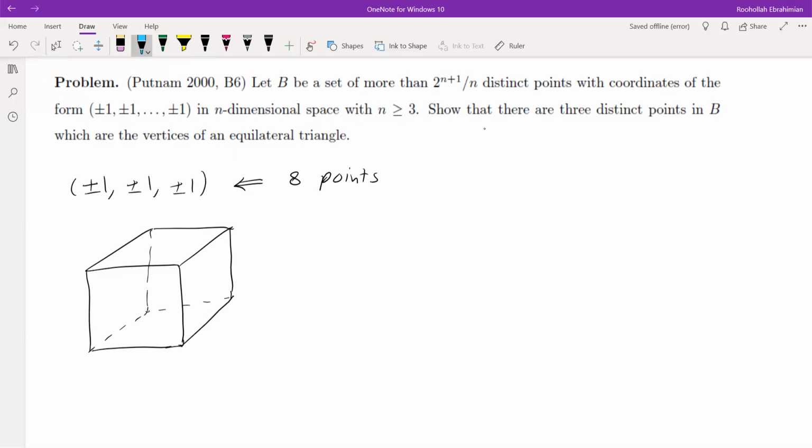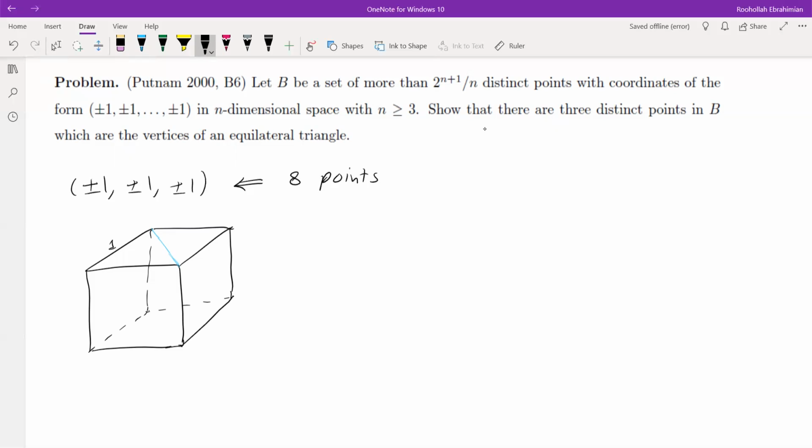So I do see that if I want to create equilateral triangles, the length of segments that I have here are either length 1, which are the edges of the cube, or length root 2, which are the diagonals of the faces, or diagonals of the cube, which are of length root 3. So there are 3 choices of length.